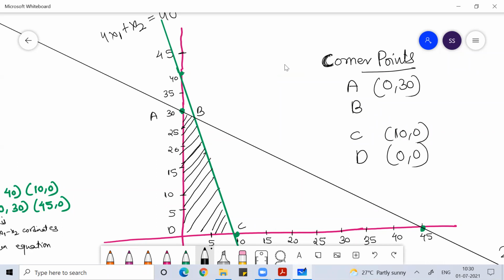B is the point where these two lines meet. Guys, can you tell me the coordinates of B?